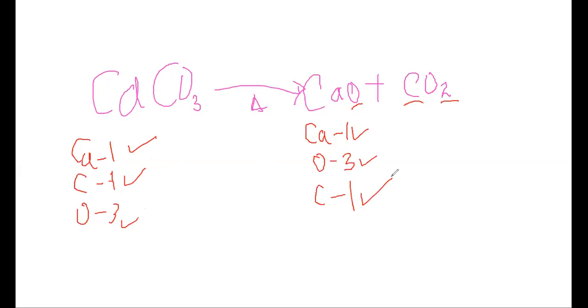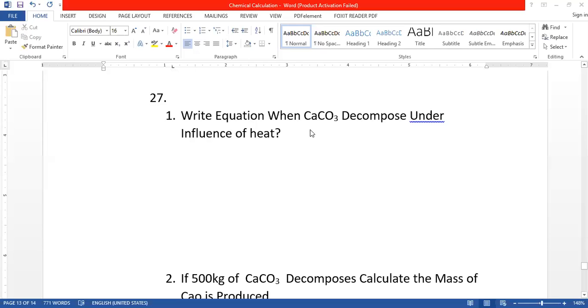So this equation has been balanced. The answer is: calcium carbonate, heat, calcium oxide and carbon dioxide. So that's the first question.